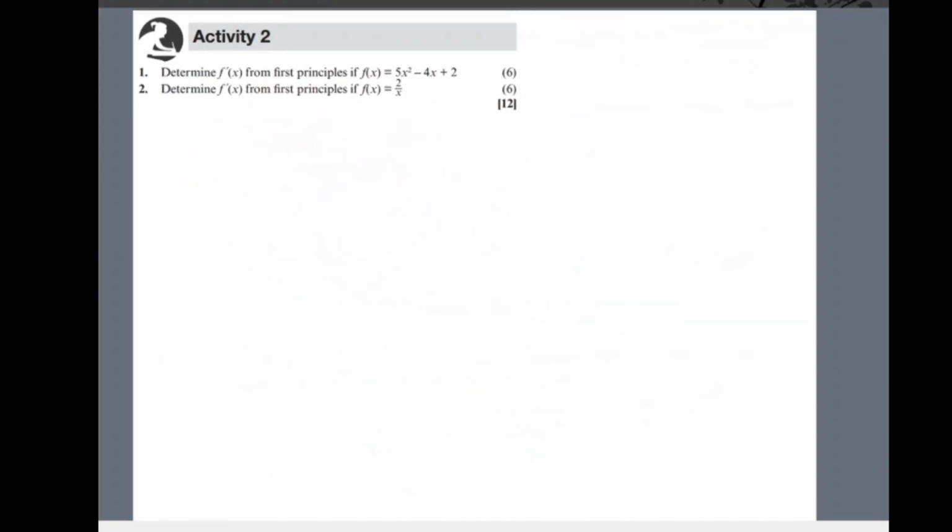Okay, so they want us to determine the derivative of f from first principles, right? Our function is f of x equals 5x squared minus 4x plus 2.